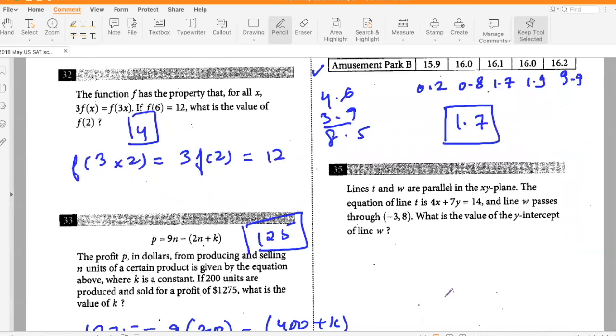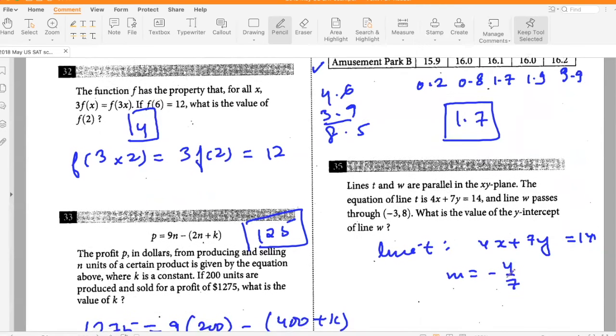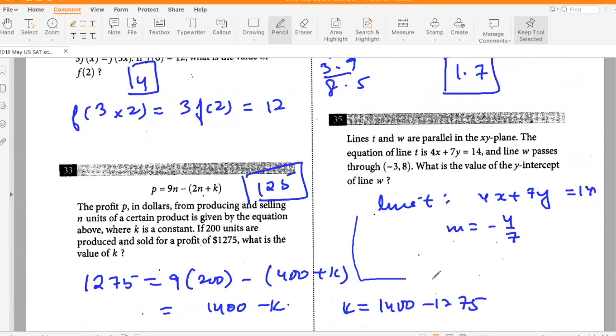Lines T and W are parallel in the xy-plane. Okay, the equation of line T is this and line W passes through this point. What is the value of the y-intercept? Okay, so line T, the equation is 4x plus 7y is 14. So the slope is minus 4 by 7. So this line W will have the same slope because they are parallel. So y minus 8 is minus 4 by 7 times x plus 3.